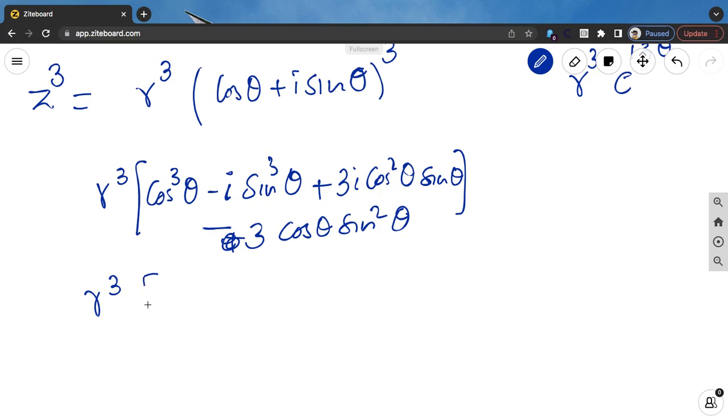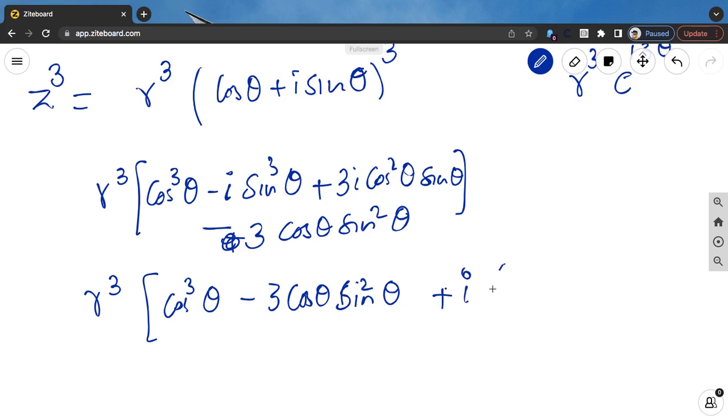If I collect all the real terms together, I get cos cube theta minus 3 cos theta sin square theta, plus i times the bracket 3 cos square theta sin theta minus sin cube theta.